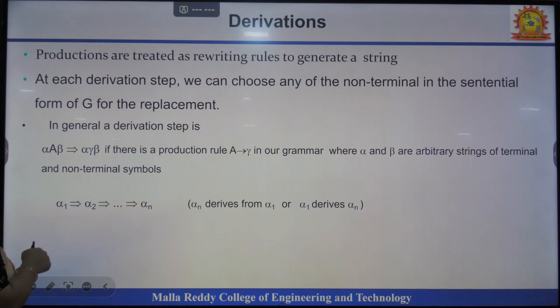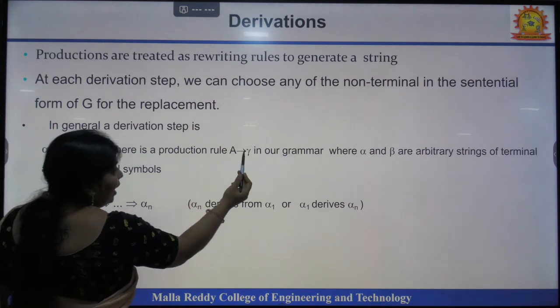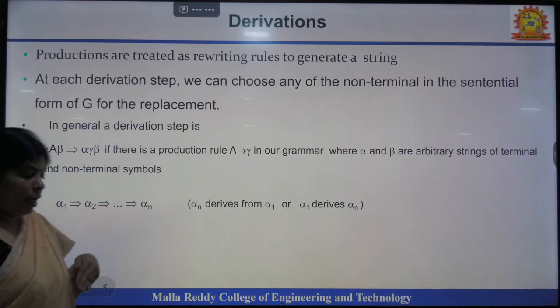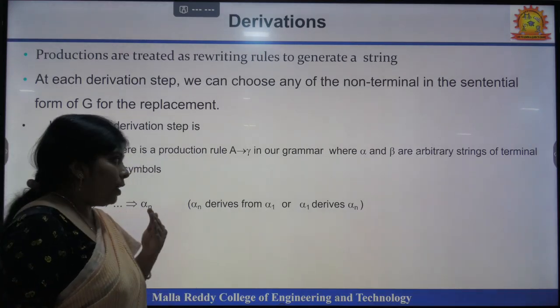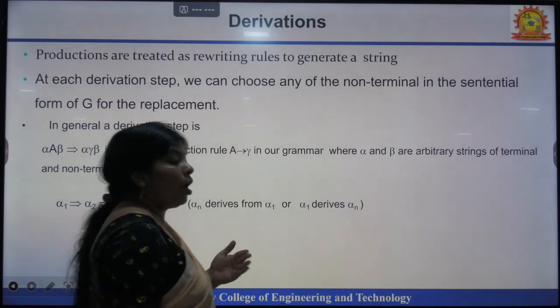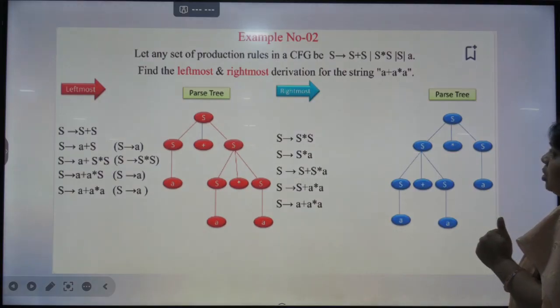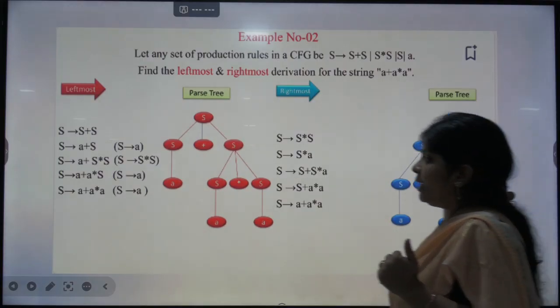So if in the given context-free grammar we have A tends to gamma as a production, then this A can be replaced with gamma. In the same way, we need to replace all non-terminal symbols with terminal symbols or their production rules, so that we can generate the parse tree. This is one example of generating the parse tree.